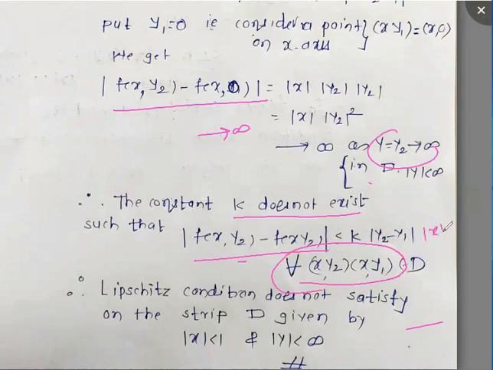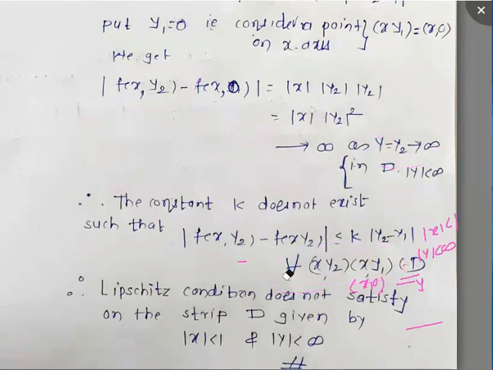Here region D is mod x less than 1 and mod y less than infinity. Now in this region, which point have we considered? We have considered x comma y1 as x comma 0 here. And for these points, Lipschitz condition does not hold. So that means K does not exist which satisfies Lipschitz condition for the points x comma y1 where y1 is 0.